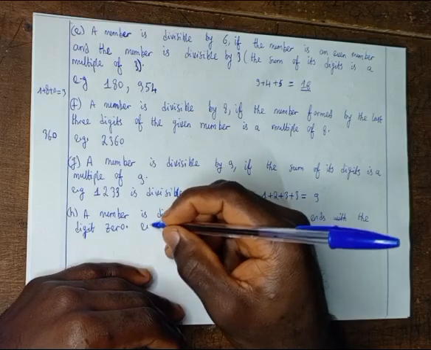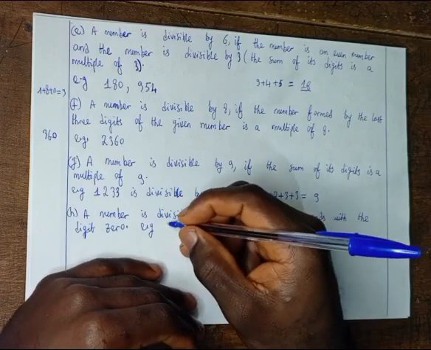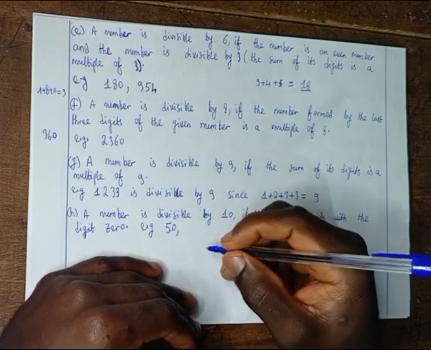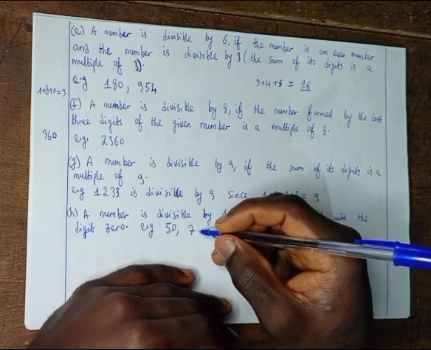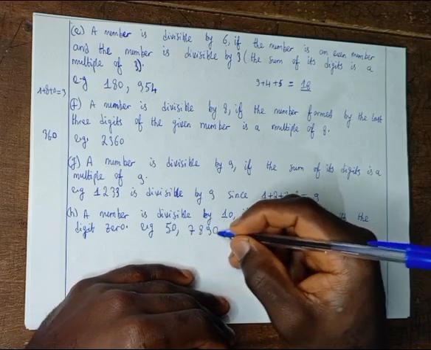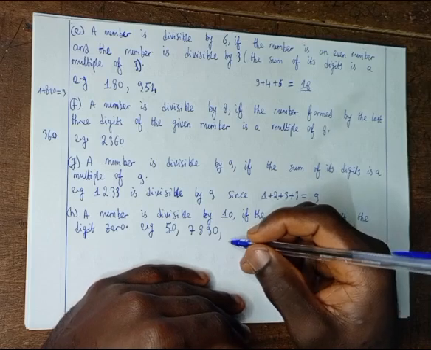Let's take, for example, the number 50. 50 is divisible by 10. It ends with 0. Take the number 7890. It is divisible by 10.